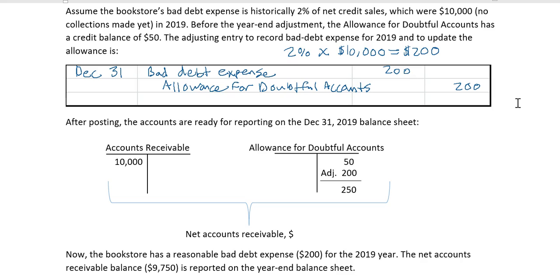When you go 2% times $10,000, we're assuming that 2% of the net credit sales in this current quarter will end up as bad debt. So that $50 for all intents and purposes belongs to sales that happened earlier, which the customer might not have defaulted on just yet.